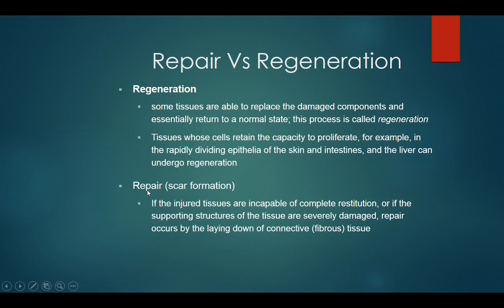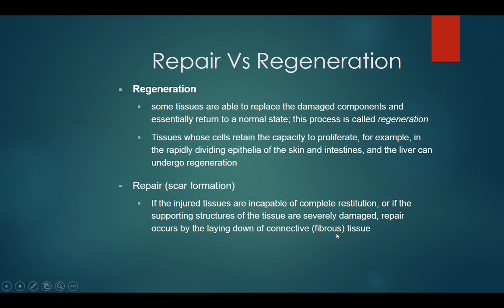And what is repair? Repair, the classical thing is scar formation. Whenever any repair happens in the tissue, it will lead to scar formation. This happens if the injured tissues are incapable of complete restitution, not able to completely come back to normal functioning, or if the supporting structures of the tissue are severely damaged, and repair occurs by laying down of connective tissue like fibroblasts.